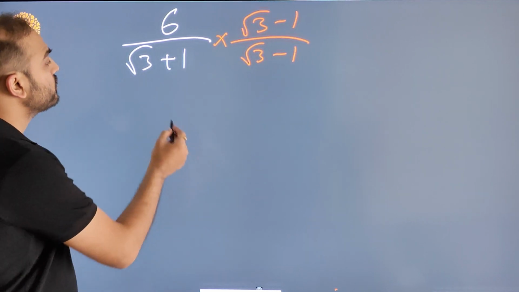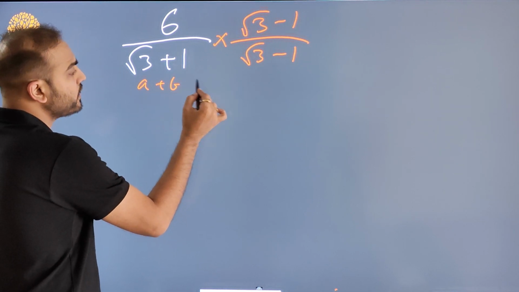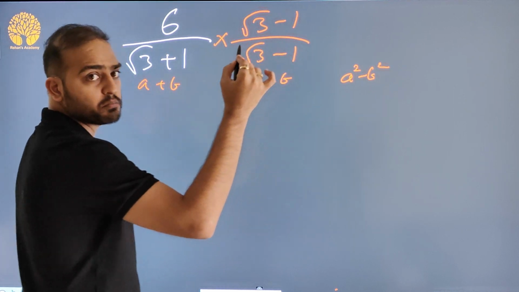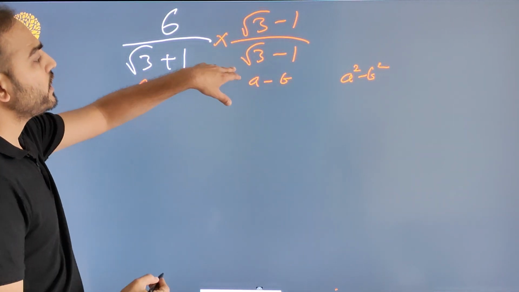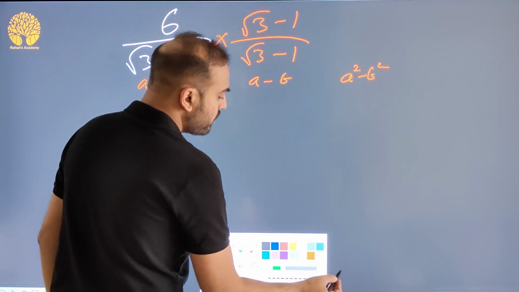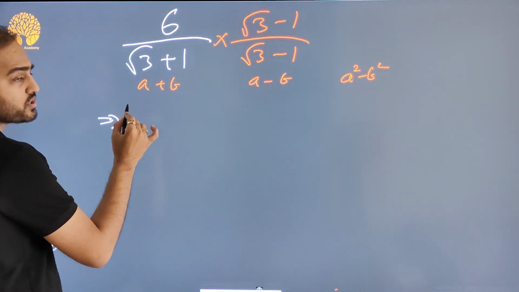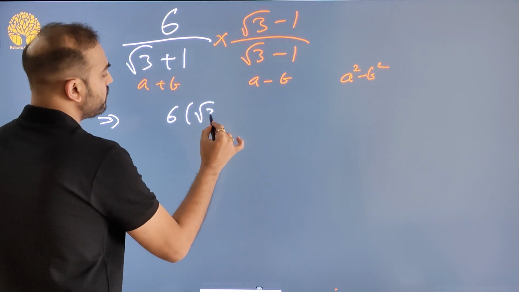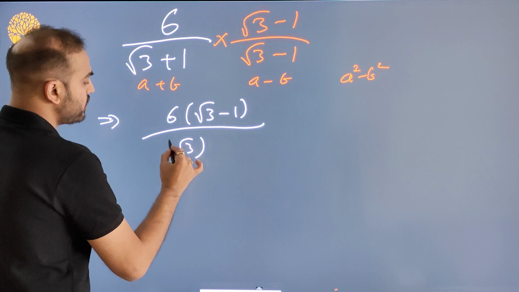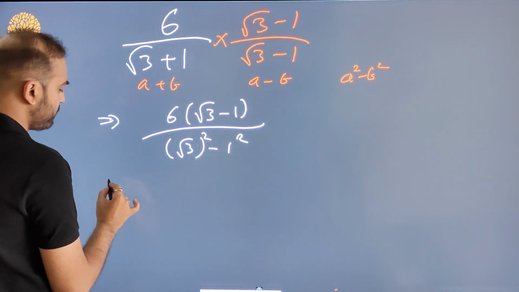Why do we do that? So that this becomes a plus b, this is a minus b, and we end up with a square minus b square. The moment we do a square, the root 3 goes away. So we get 6 times root 3 minus 1 over root 3 square minus 1 square.